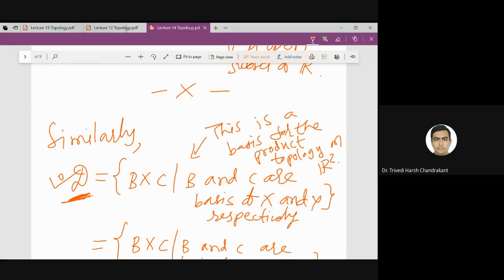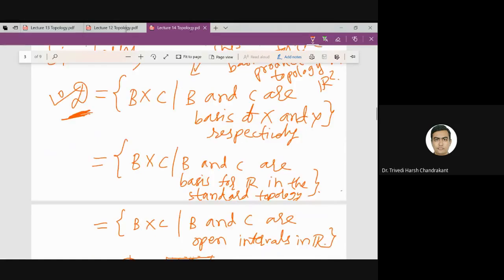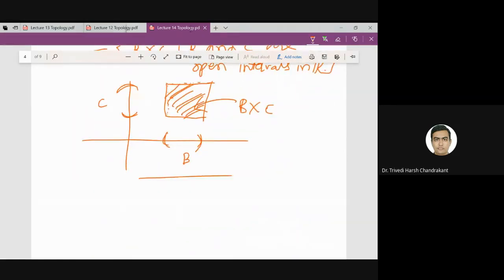But I mentioned that when we discuss the standard topology on R2, we are discussing the analog of intervals, so that is the circular regions, the collection of open disks basically. So that is the basis on R2.